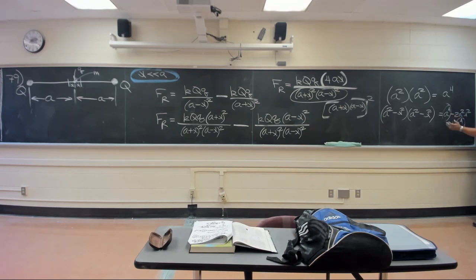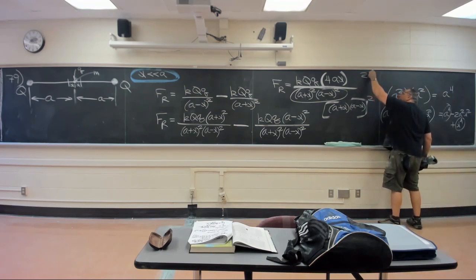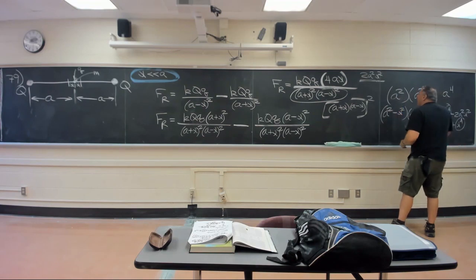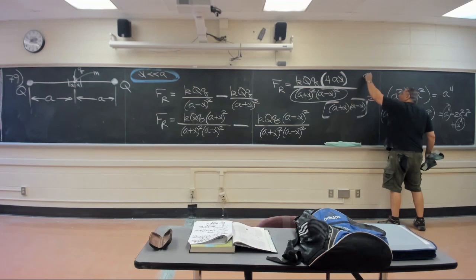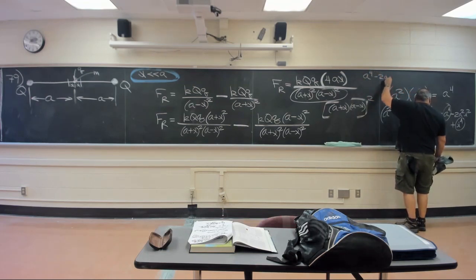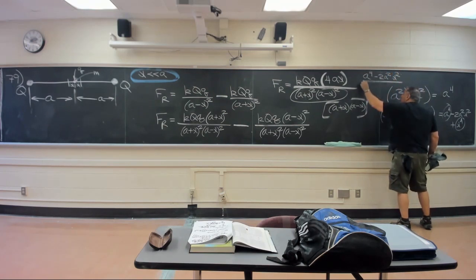But let's say you're losing a total of 2a squared x squared, as we said. So that's what you're losing, so it's less by that amount. Well, you're talking about roughly a to the fourth minus 2a squared x squared plus something.